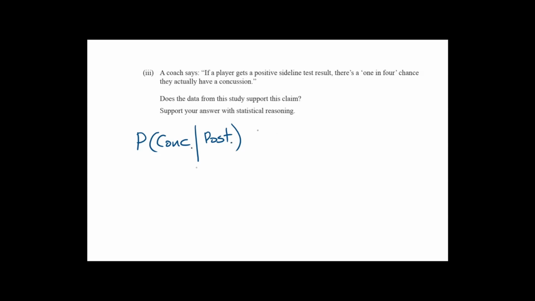That's what they're really asking for. And we want to test, is that equal to 0.25? So it's sort of a test. Well, let's work it out.